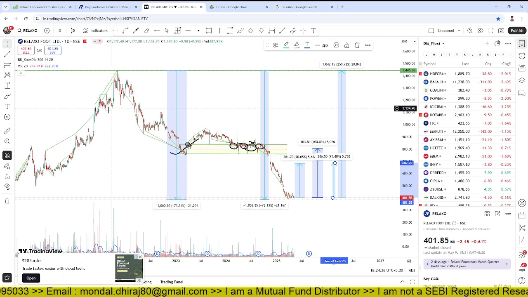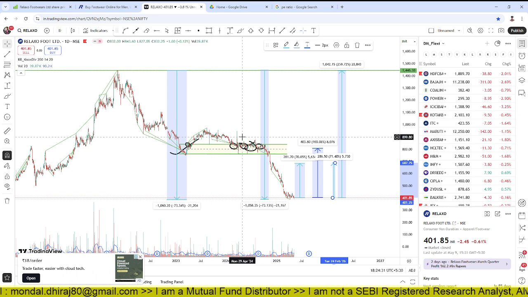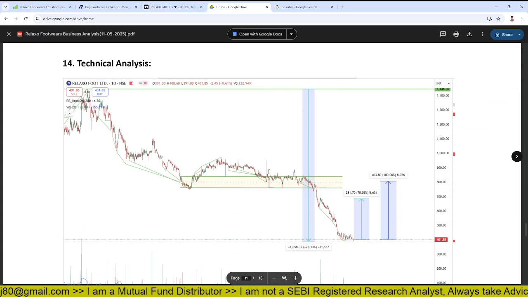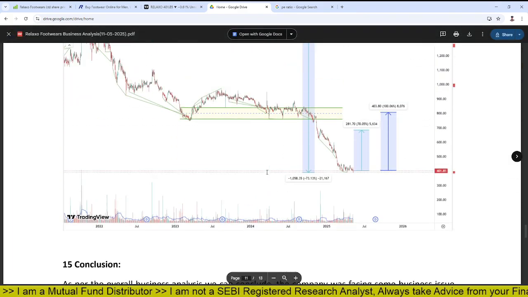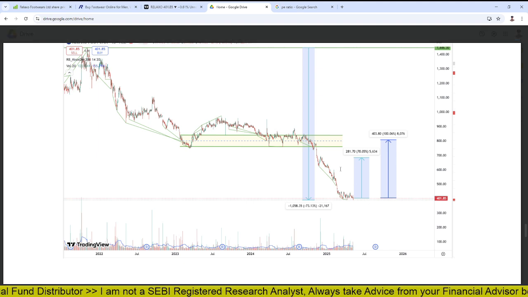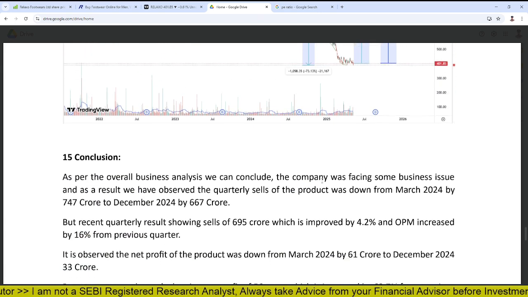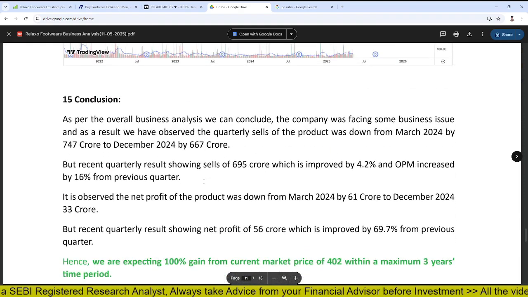So if we have understood the company's business, financials and all the parameters, and we have some conviction, then only we can invest here. Right now the company is trading at 401, and a 100% gain within less than 3 years can be achievable as per the technical chart analysis.